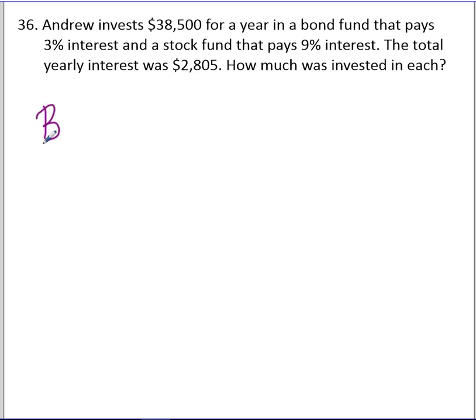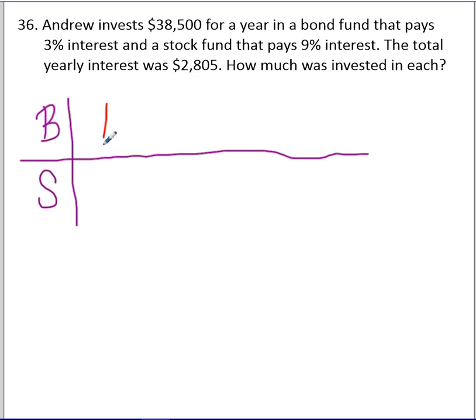So we had a bond and a stock. Let's just put B and S. And so the dollar amount we don't know. So let's say our bond is our P. So our stock fund was the total that we're allowed, $38,500 minus whatever that amount is, P.